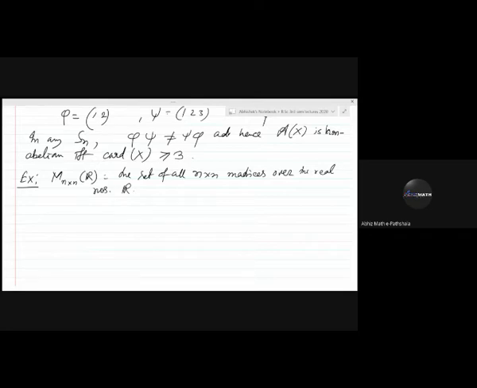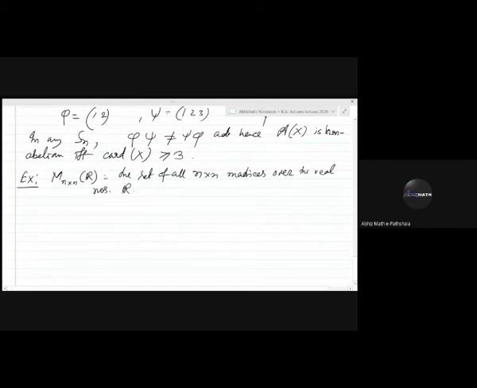Now, with respect to addition, you can easily check that addition will be a commutative operation on M n cross n R. Not only that, it will be a commutative operation on the set of all matrices of order m cross n over the real numbers.